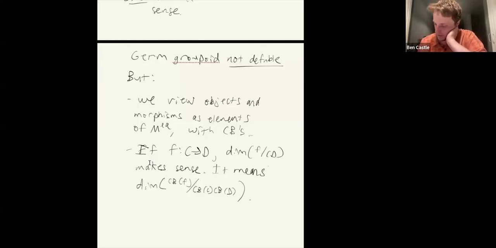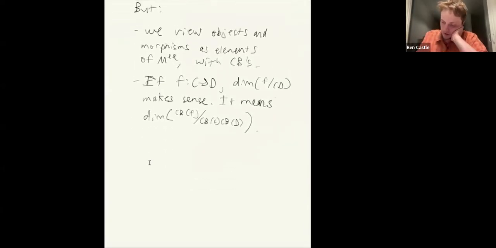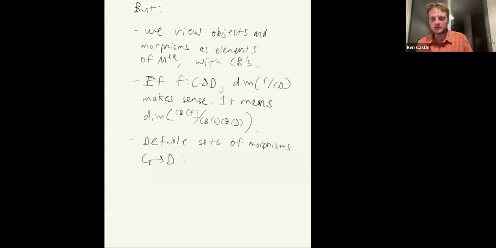And we can talk about definable sets of morphisms C to D. What does that mean? Well, you just take a definable set of functions and then you mod it by almost equality.